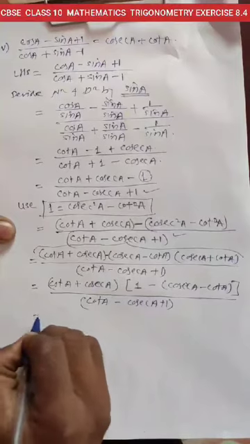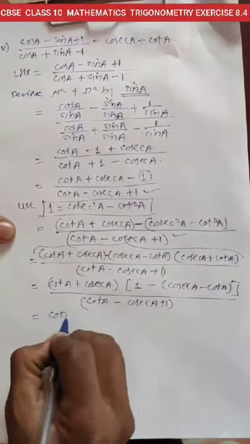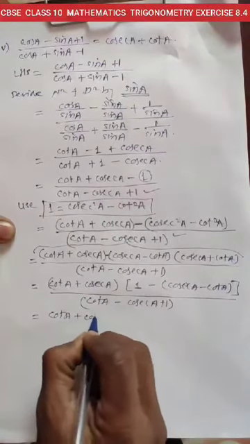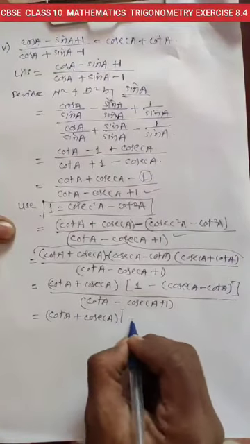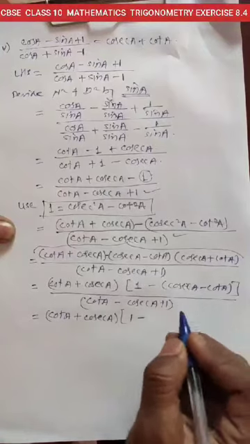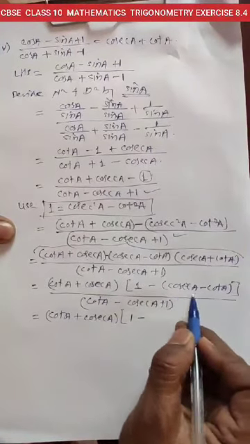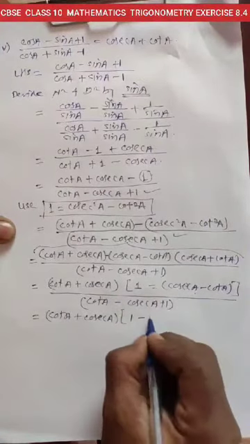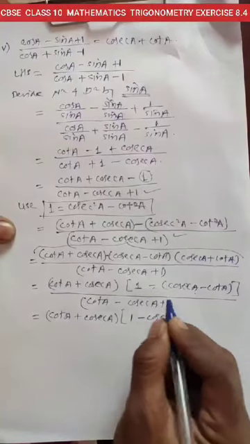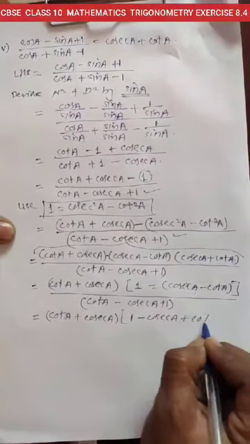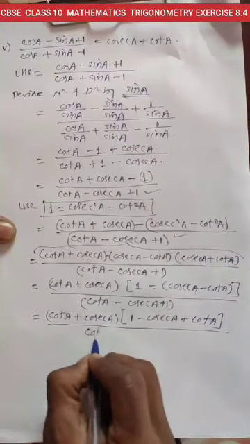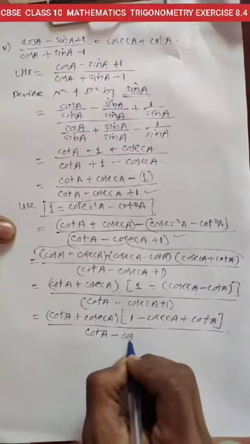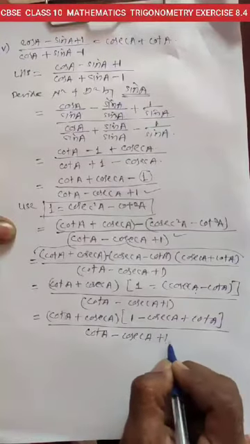So in the next part, this is cot A plus cosec A, bracket complete, into bracket 1 minus cosec A. Now open this bracket with the negative sign: minus cosec A, minus into minus plus cot A. So bracket complete, divided by cot A minus cosec A plus 1.